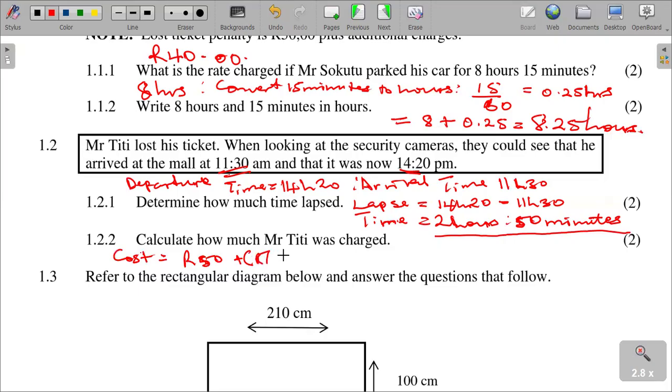This is equal to 21 rand. And then obviously the total cost is 50 rand plus 21 rand. If you add that, you get 71 rand.